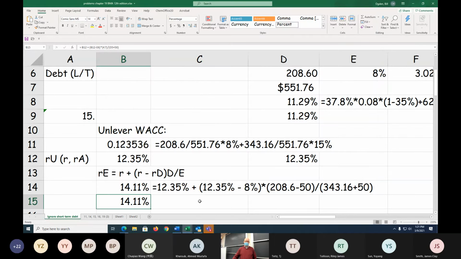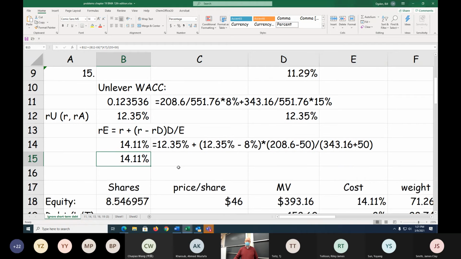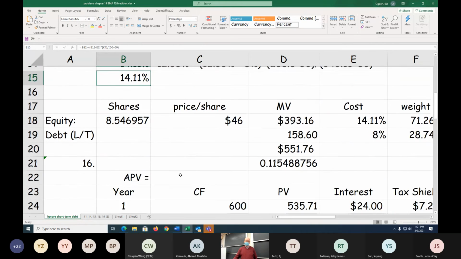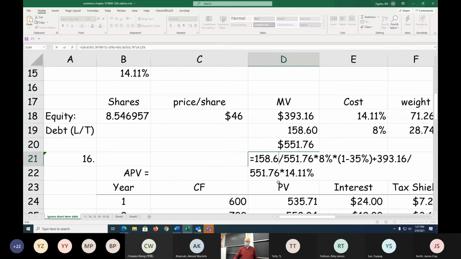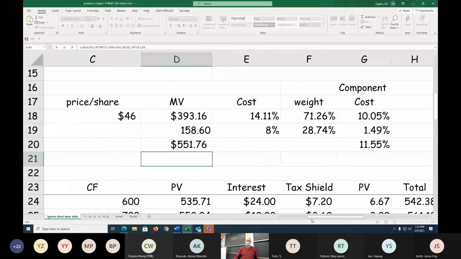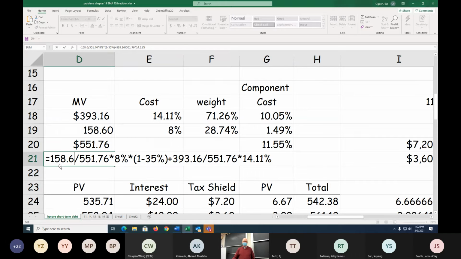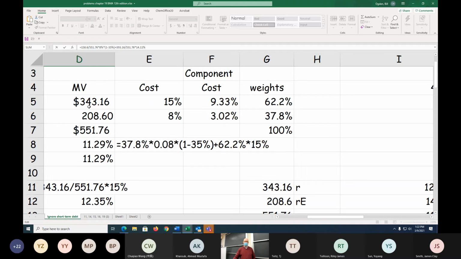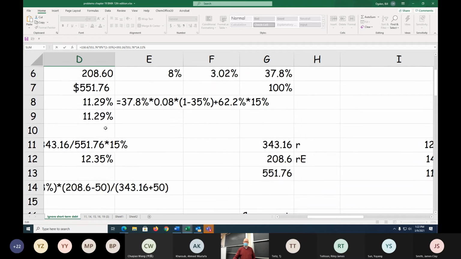All right. So now we do the new WACC. We have the new debt divided by the new value, which is the same as the old value, times the new RD, which is the same as the old RD, 1 minus t, plus the new equity, and that was what? 343.16 plus 50?